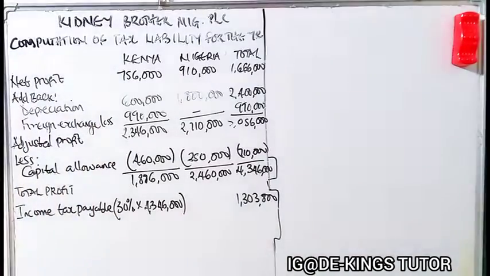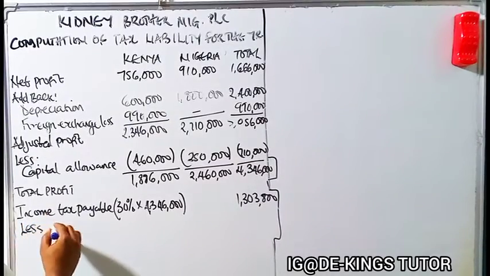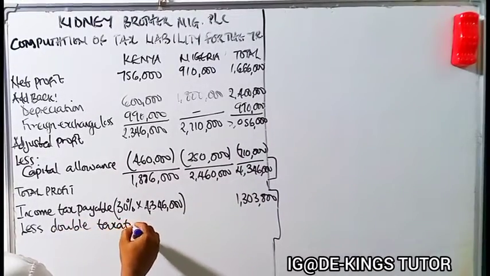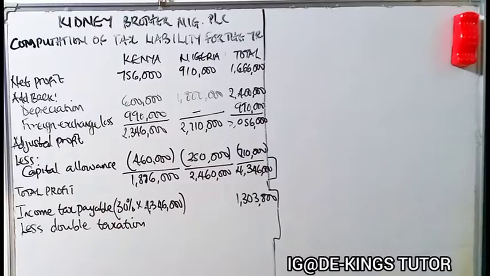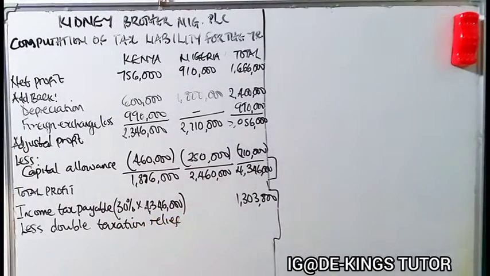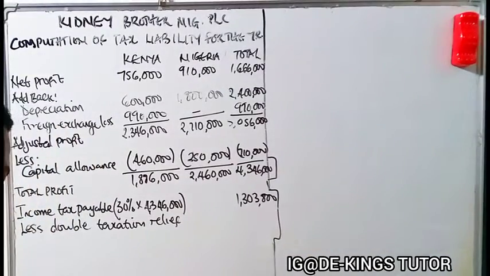But they say bear in mind the double taxation relief. Okay, so we're going to say less double taxation relief. Now, what will be the double taxation relief? Let's get back to the question.